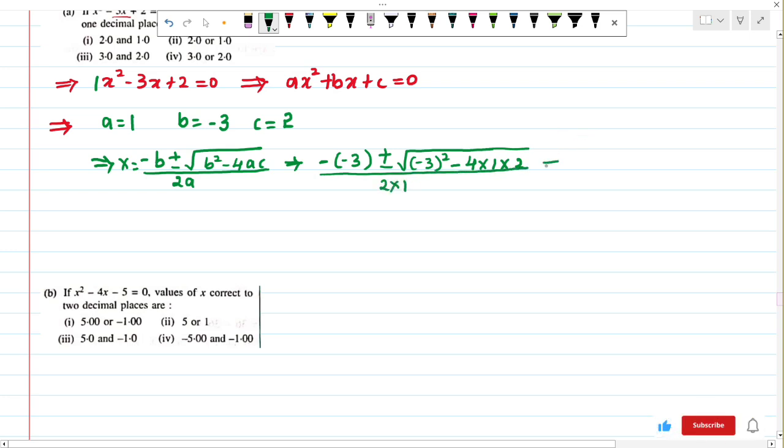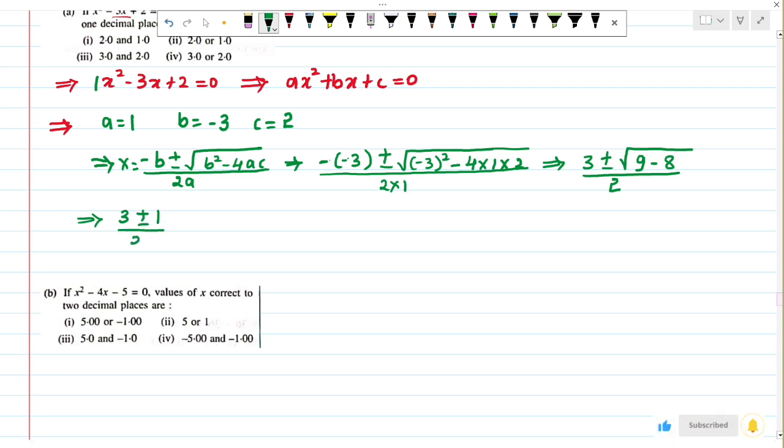So if we simplify this, we will get minus of minus is plus 3 plus or minus root of this, 3 square is 9 minus 4 into 2 is 8, divided by 2 into 1 is 2. So if I simplify this, I'll get 3 plus or minus 1 divided by 2.